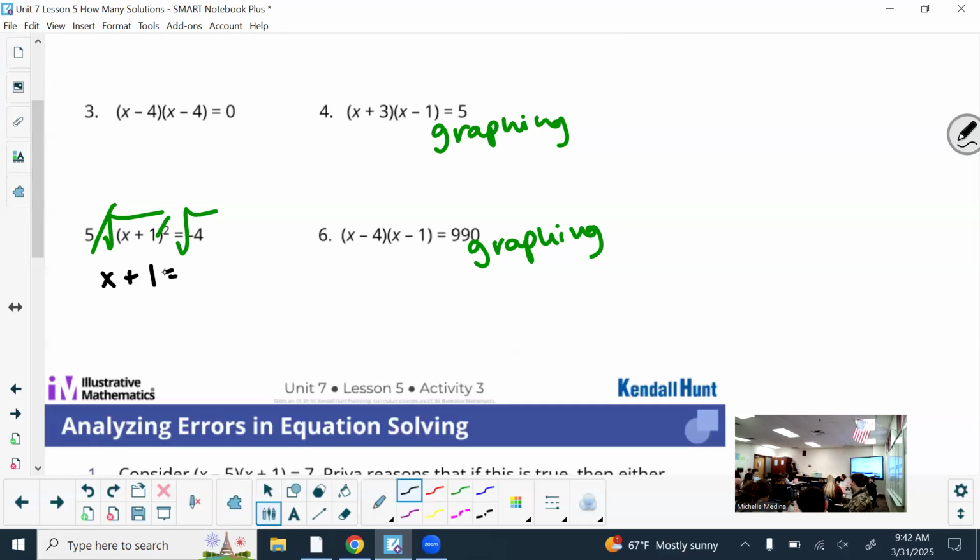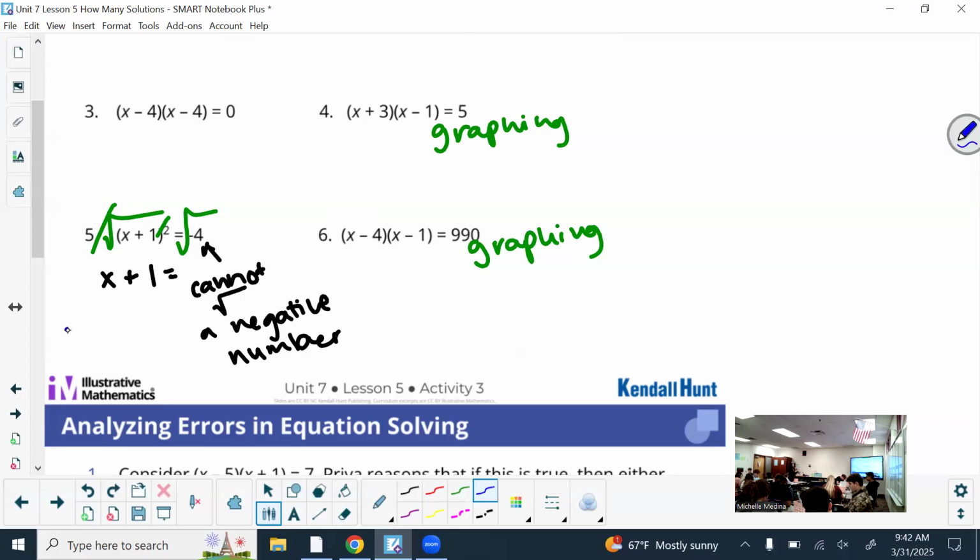And I take the square root of -4. So because I cannot square root a negative, then what does that mean about this solution?